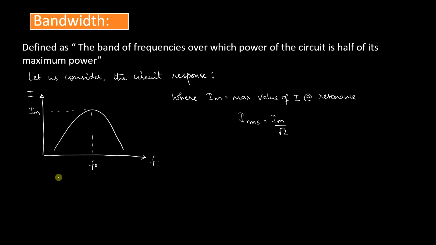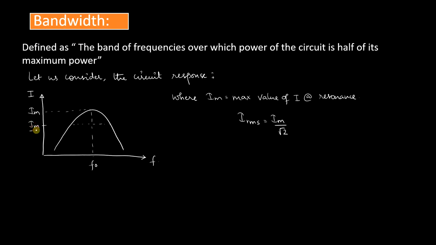It is 1 by root 2 times the maximum value of current. So in this response also we have the limitation that at the two frequencies of this response, the current will be equal to its RMS value, Im by root 2.